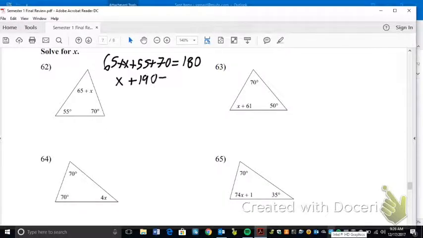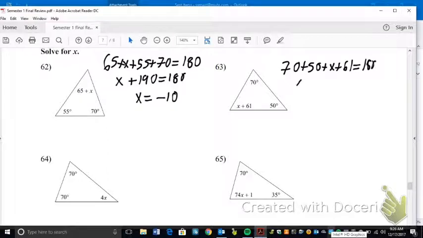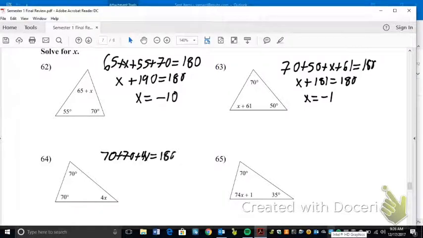We get x plus 190 equals 180, or x equals negative 10. 70 plus 50 plus x plus 61 equals 180. x plus 181 equals 180. x equals negative 1. 70 plus 4x equals 180. 140 plus 4x equals 180. 4x equals 140. And x equals 10.